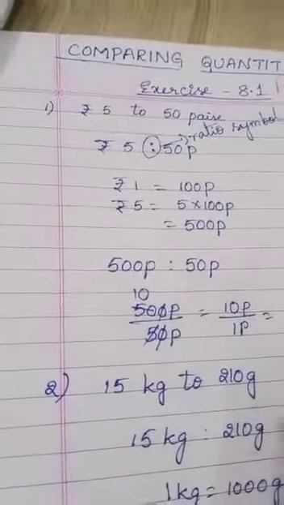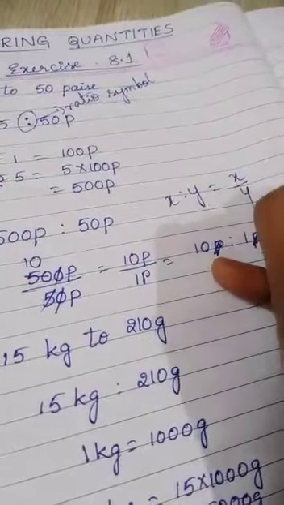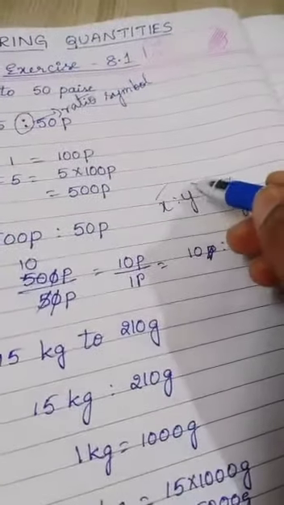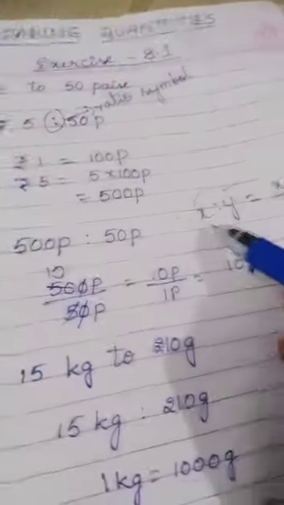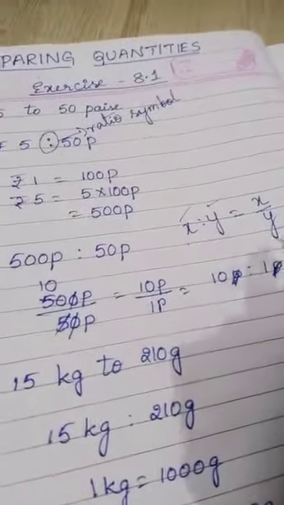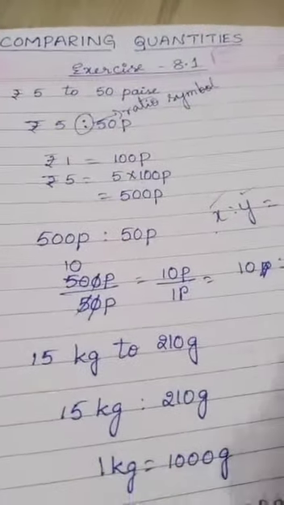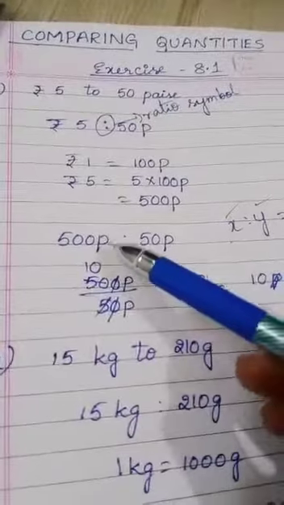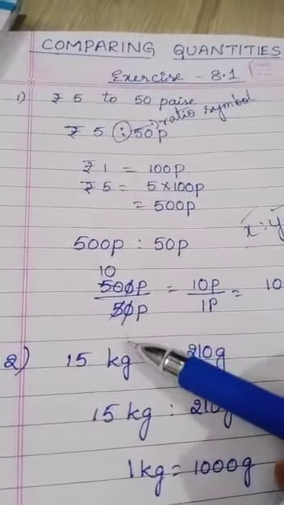The meaning of this ratio is, for example, x is to y, you can write it as x by y. So x is the numerator and y will be the denominator. The first quantity will be the numerator, the second quantity will be the denominator. Understand, children? In the same way, 500 paise will be the numerator and the second quantity, 50 paise, will be the denominator.